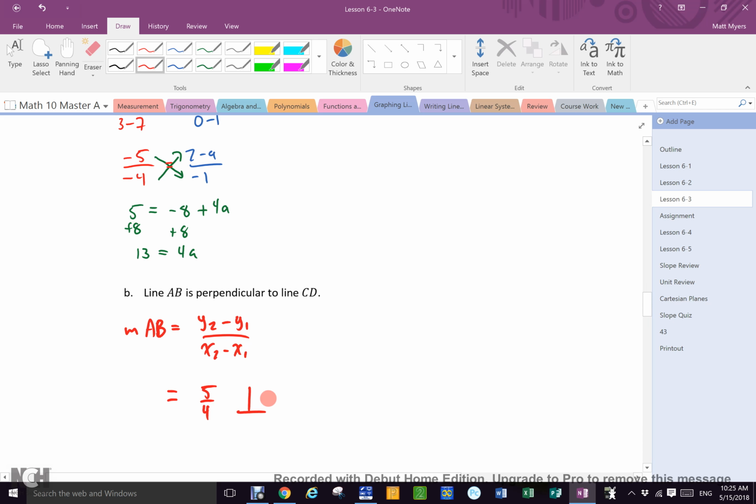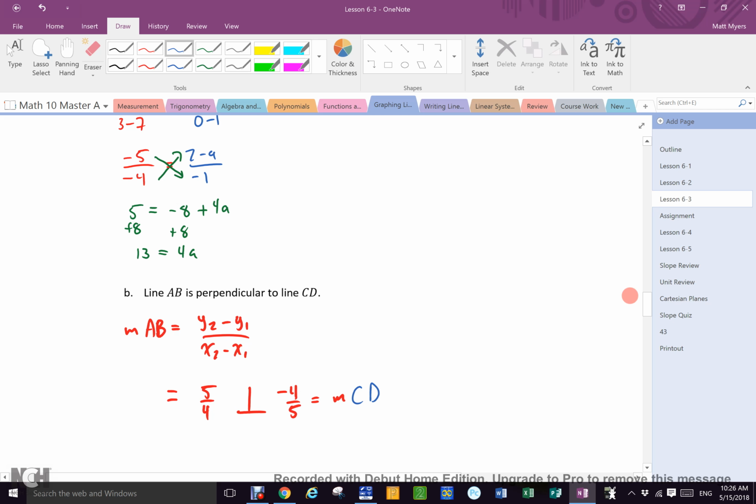So what has to happen to that 5 over 4? Opposite and reciprocal. How do I make that a reciprocal? Pardon me, Avery? Two negatives, right? So how do I make it perpendicular? Negative 4 over 5, correct? So this would have to equal the slope of CD, correct?